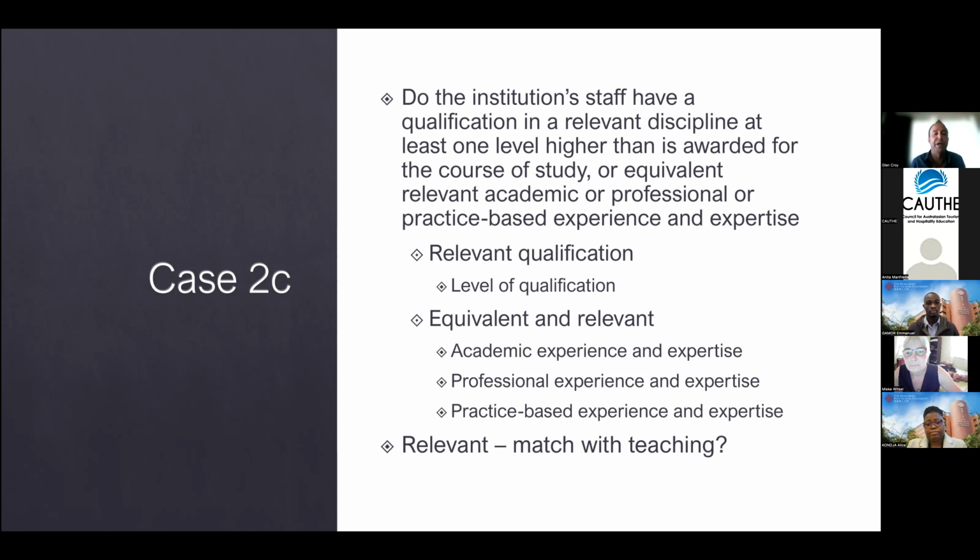Generally that is going to be a demonstration through their research. So equivalent relevant academic experience would be, for example, publications within that discipline area, which would then be seen as equivalent to having that qualification within that space. So again, we have some potential elements of concern.